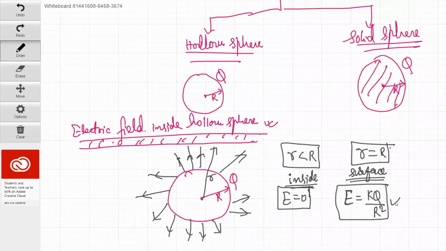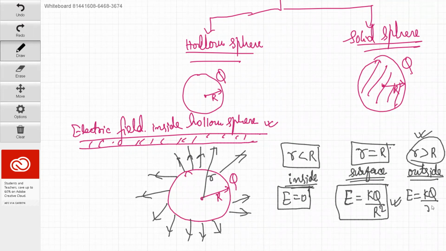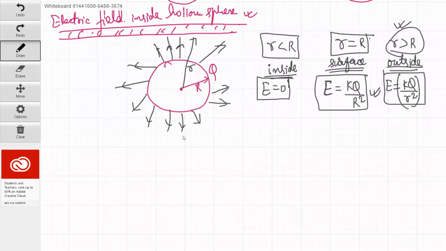If r is greater than R, I am talking about an outside point. Then electric field will be equal to kq by small r square. This is the formula of electric field inside, outside, and on the surface, which you need to remember.